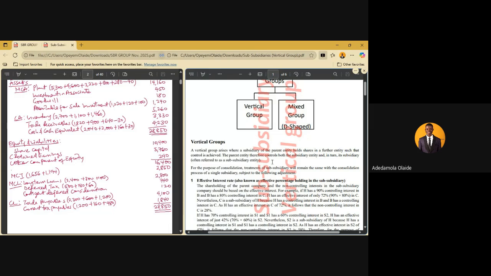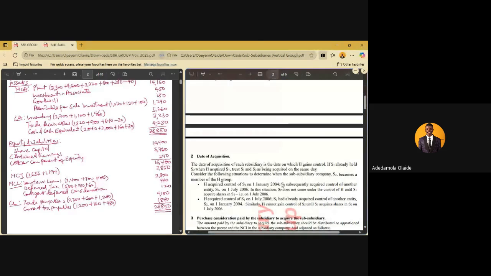Number two is the date of acquisition. To determine the date of acquisition, we'll look at when they gained control.